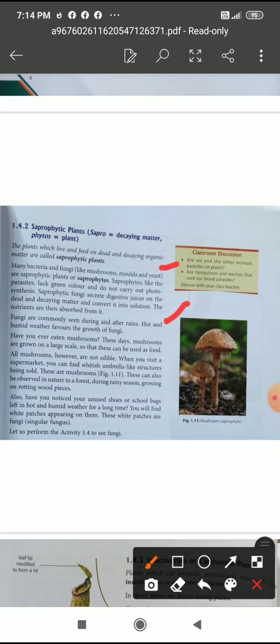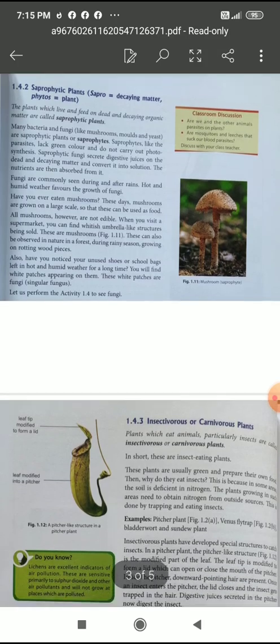Then children, you see mushrooms. These are whitish umbrella-like structures. These mushrooms can also be observed in nature, in a forest during the rainy season, growing on rotting wood pieces.